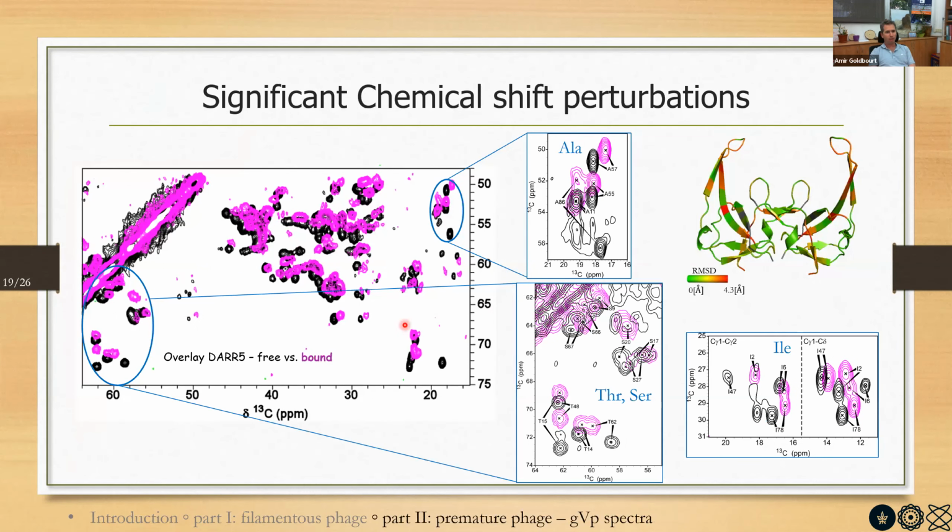If you look at the overlay, you see really very, very big changes. At first sight, I thought, okay, the spectra are biased. It looks like the magenta spectrum is a little bit unreferenced, but this is actually not correct. It's referenced correctly. And you can now pin down all these different chemical shift perturbations. You can see really significant changes across the protein, and we can draw them here.